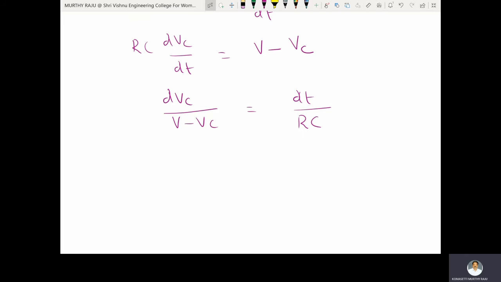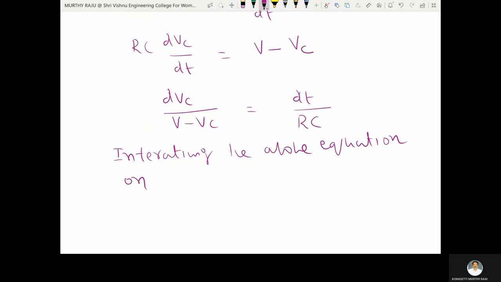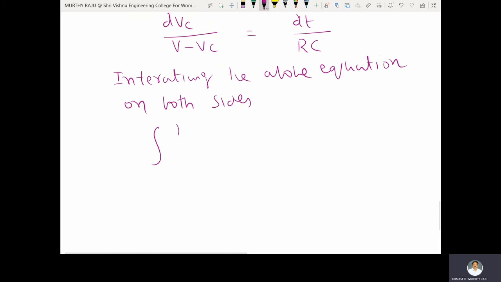Integrating on both sides of the above equation: integral of dVc by V minus Vc is equal to integral of dt by RC.